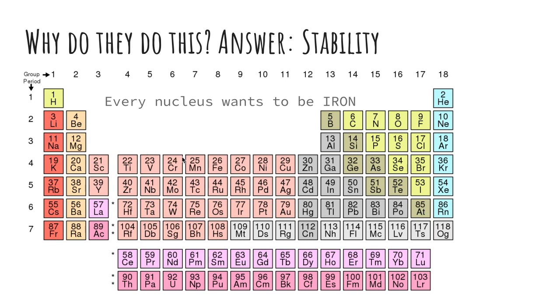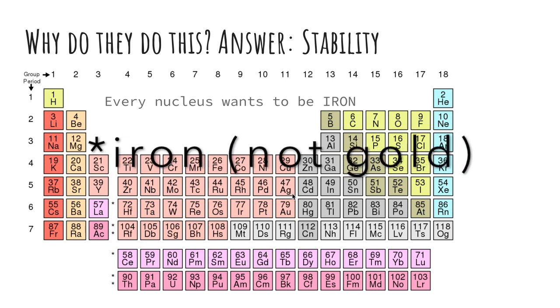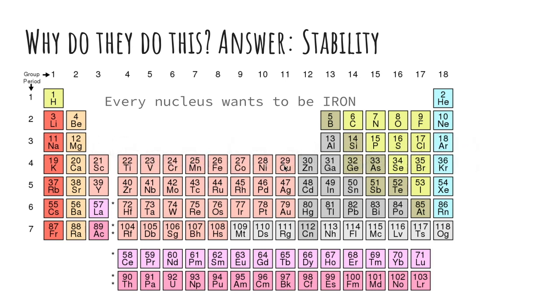Those nuclei want to become larger, closer and closer to iron. If they're really big nuclei, such as uranium or gold or platinum, they want to eventually break down to become iron because it's more stable. They're too big. They don't want to stick together. So every atom wants to eventually become iron.